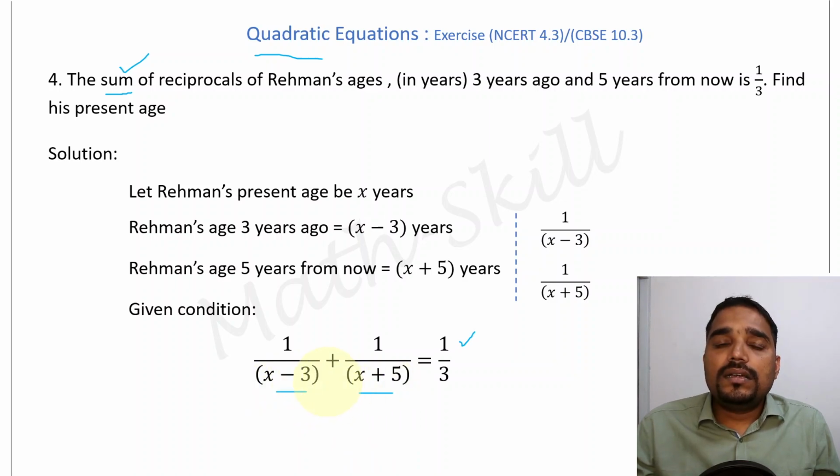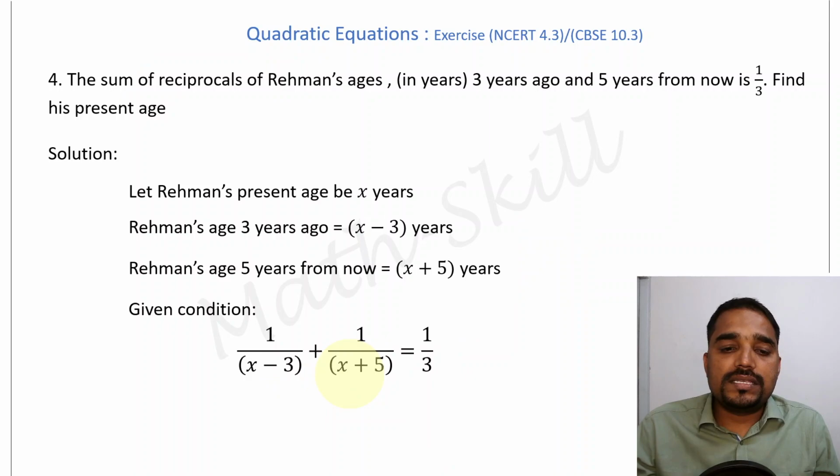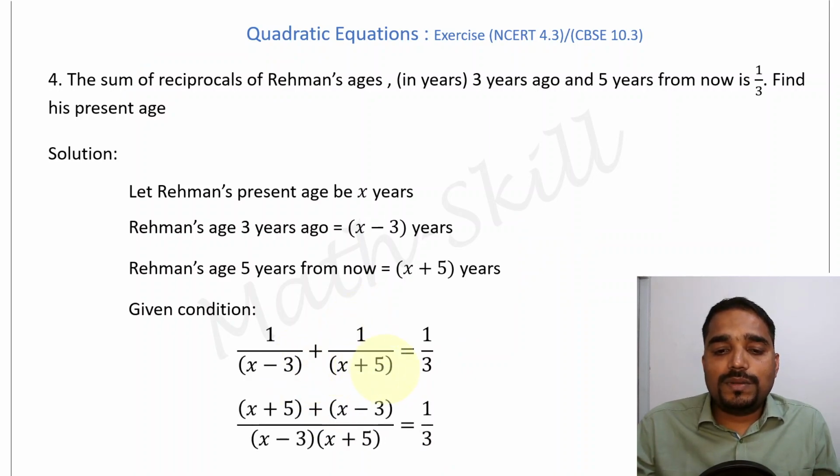Since the terms for which we have to find the LCM are variables, let us multiply these two terms. That is, 1 divided by x minus 3 plus 1 divided by x plus 5. Upon taking the LCM, the two terms in the denominator should be multiplied: x minus 3 into x plus 5. Now this first denominator x minus 3 should be taken and divided with these terms.